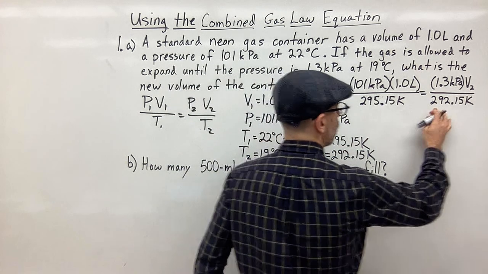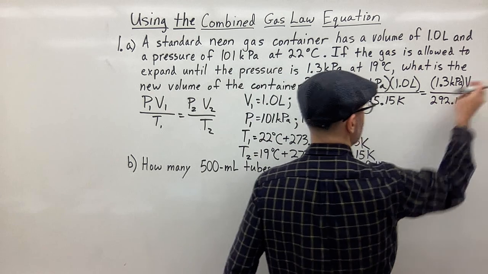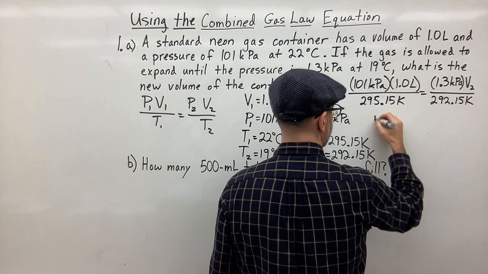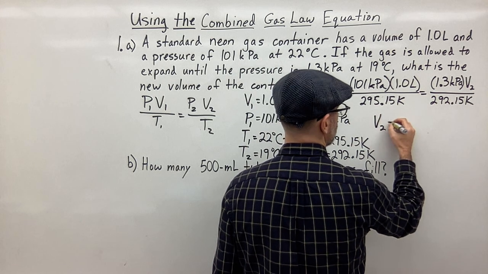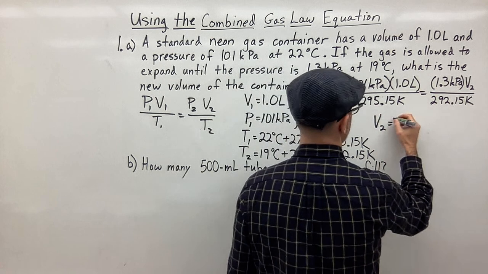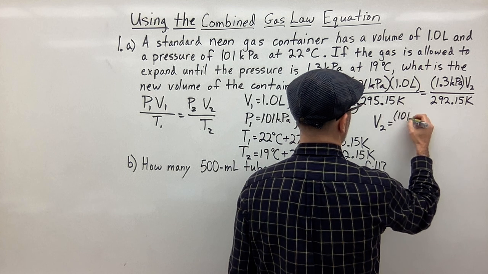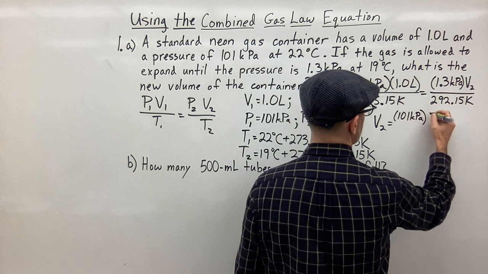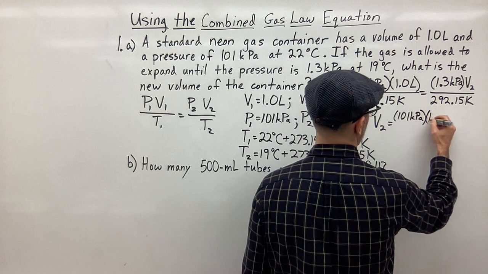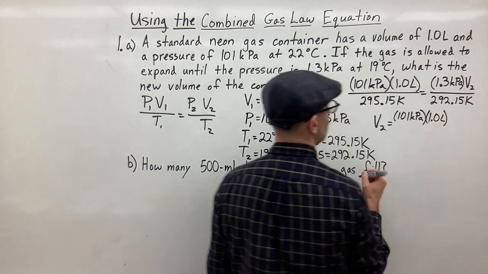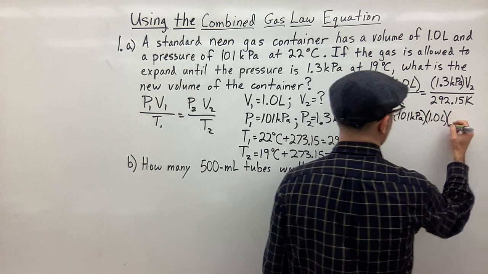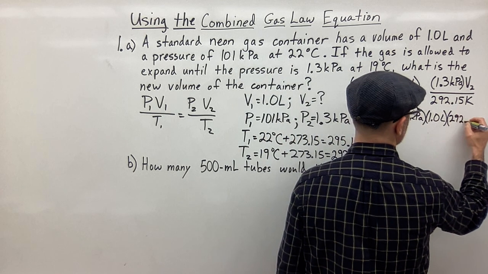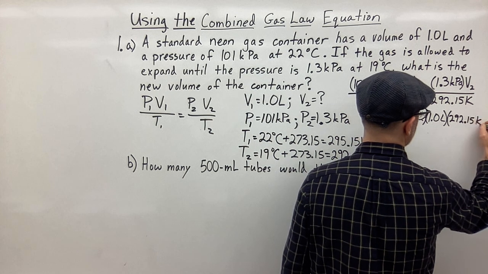So I'm going to multiply both sides by the temperature here. I'm going to divide both sides by the pressure. And so I get V2 is equal to 101 kilopascals multiplied by 1.0 liters, multiplied by this temperature here, 292.15 Kelvin.